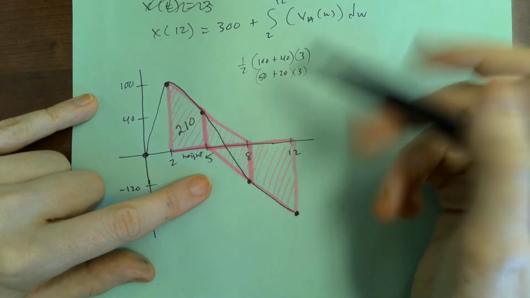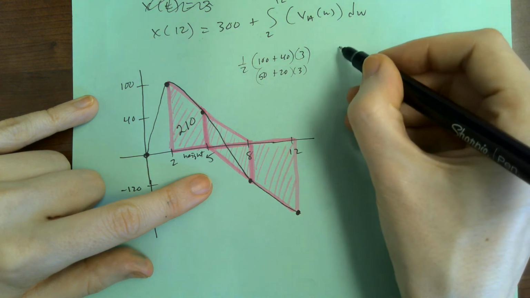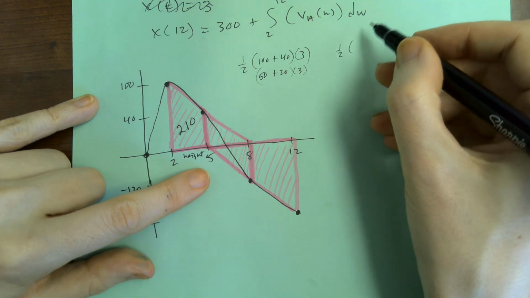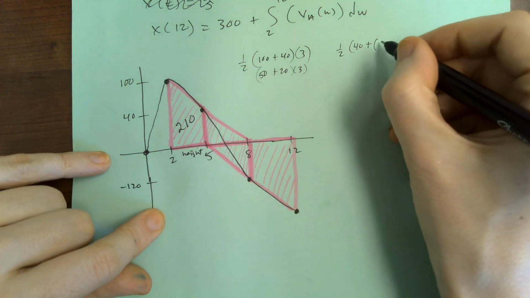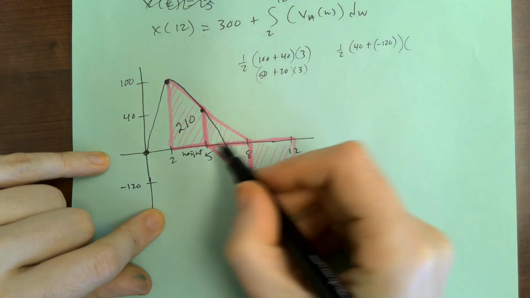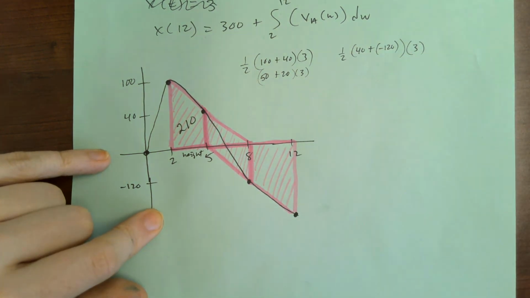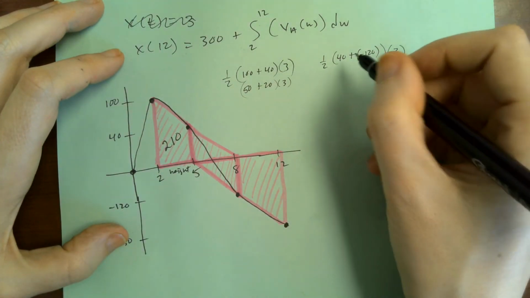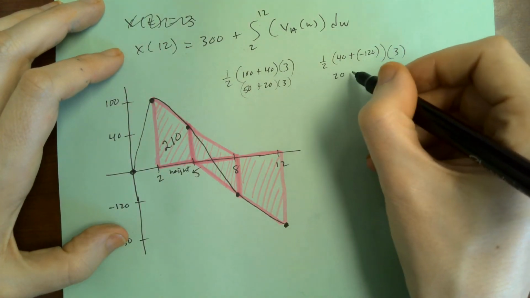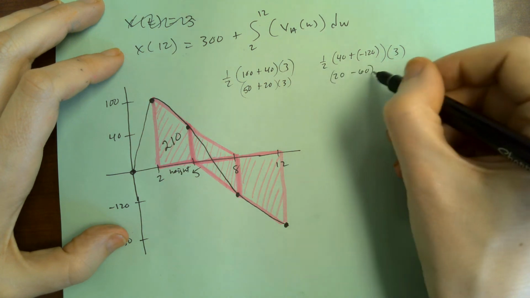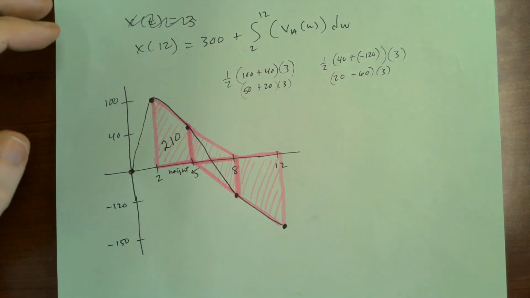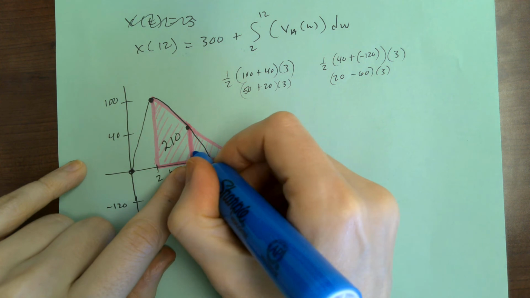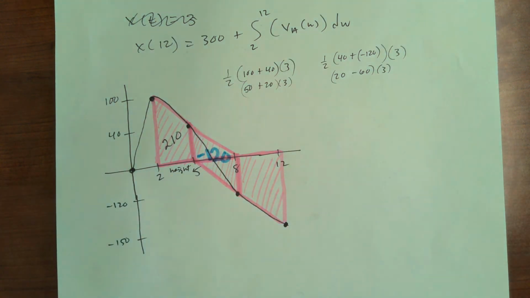Then the area for this next one is 1/2, base 1 is 40, plus base 2 is negative 120, and the height is 3. So I'm distributing the half, so this is 20 minus 60 times 3. That's negative 40 times 3, so negative 120 is the area of that.